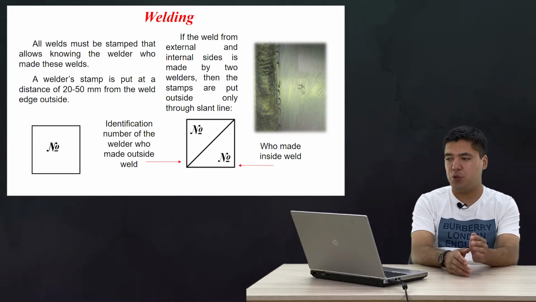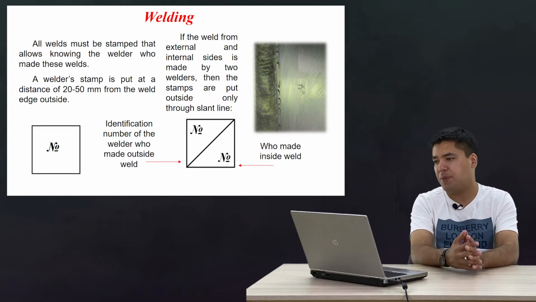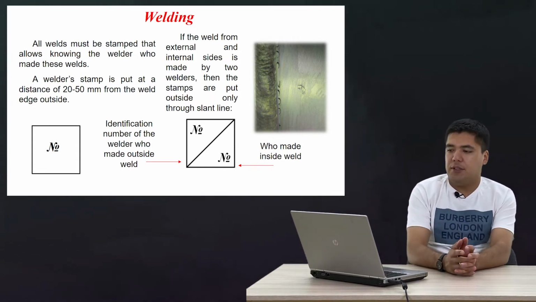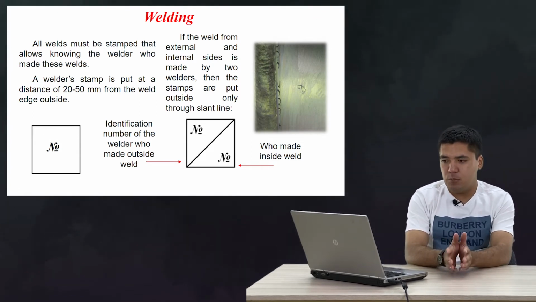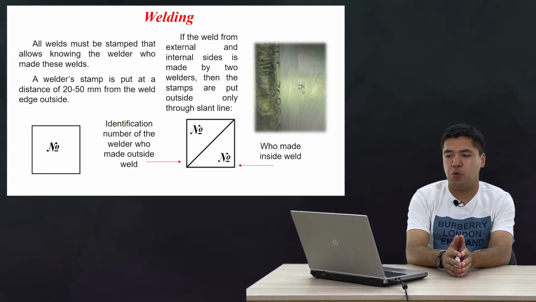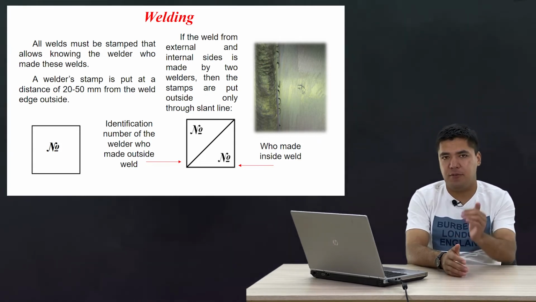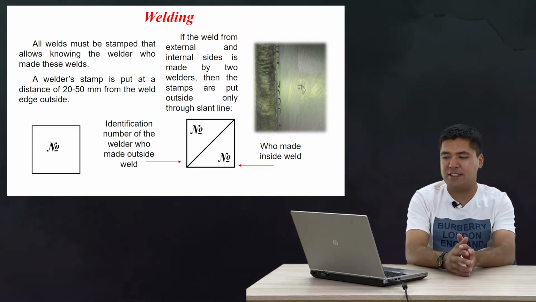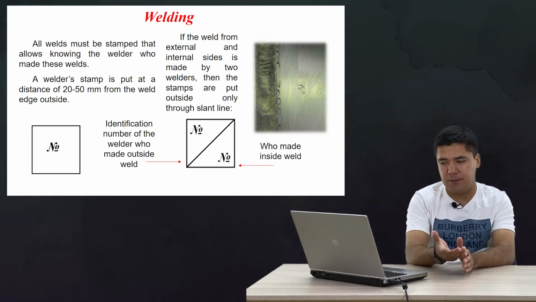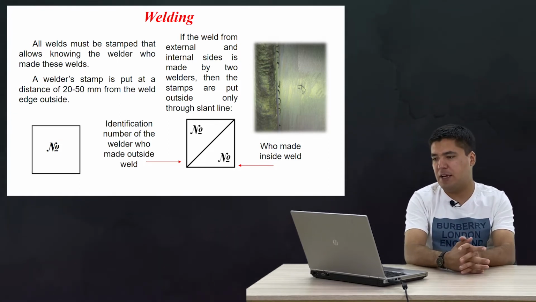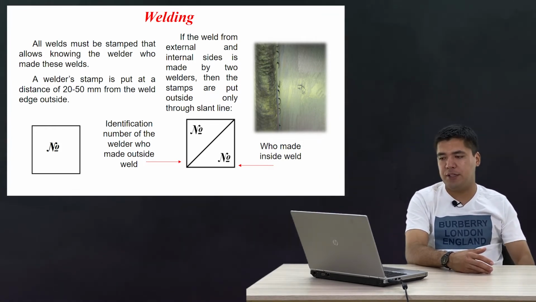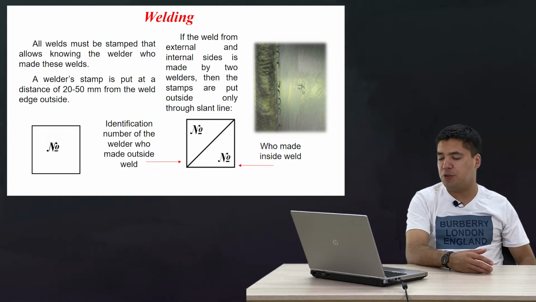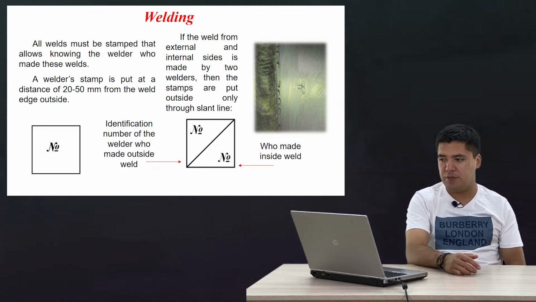Between the welding edge and the stamp there is a similar distance, about 20, maybe 50 millimeters. If welding has been performed by two welders, the identification number of the welder who made the outside weld shall be located above the line, and the one who made the inside weld below the line. For example, in our case, number 3 is the signature of the welder who made the welding outside, and number 1 is the welder who made the welding from inside.